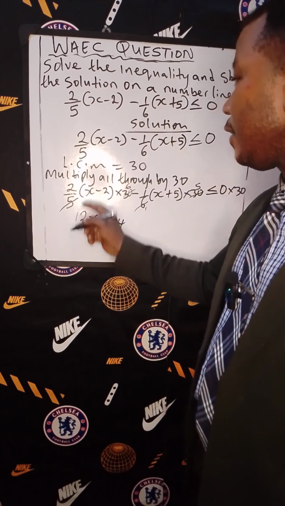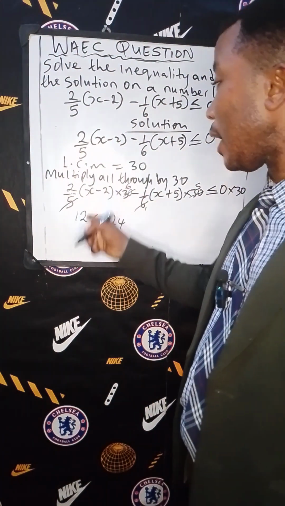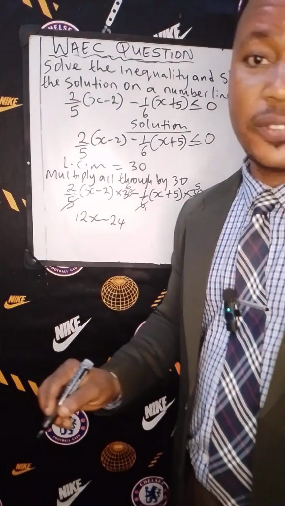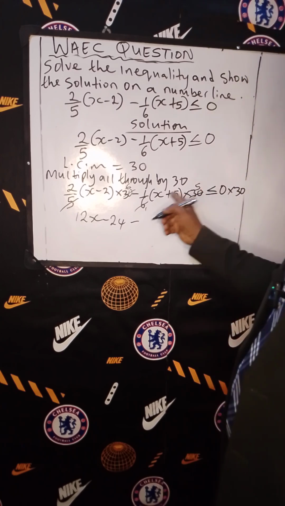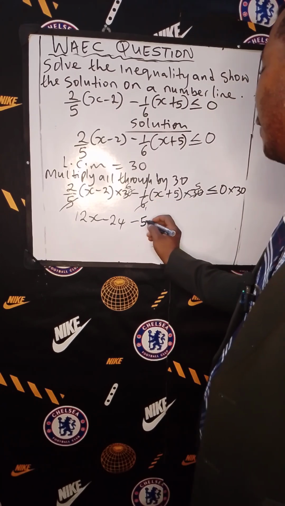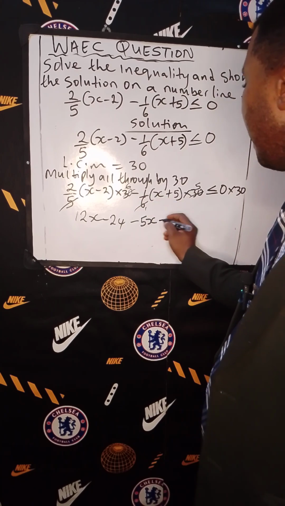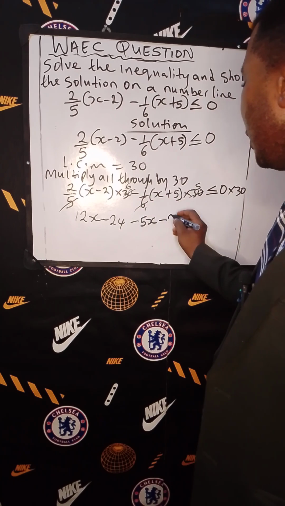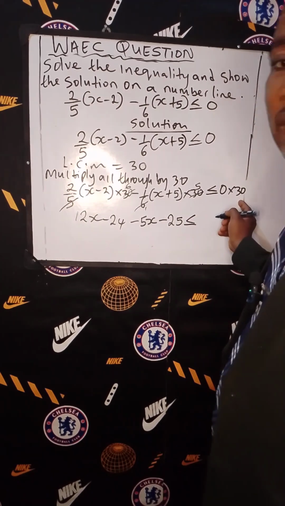The same thing there: 5 times x is 5x, and minus times plus is minus, 5 times 5 is 25, less than or equal to 0 times 30, which is 0.